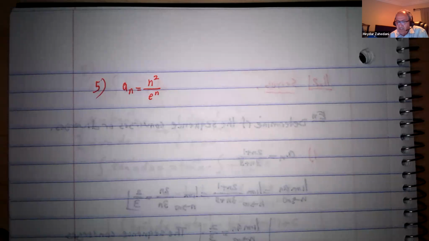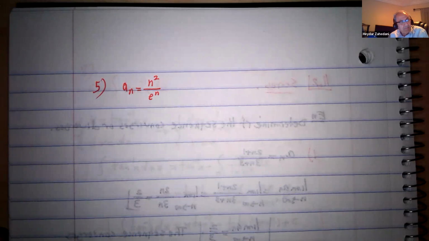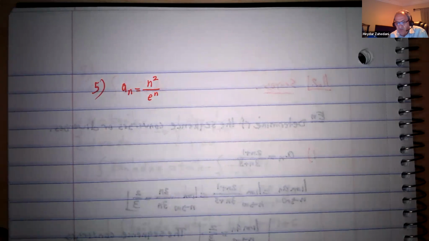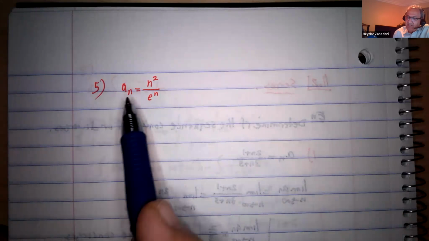But I told you the other day that a sequence is not a continuous function, because the domain of the sequence is counting numbers, n equal to 1, 2, 3, 4, 5, 6. Since this function is not continuous, you cannot differentiate it. You know from calculus 1 that every differentiable function must be continuous. So if you want to use the L'Hopital rule, you have to change it to x first.